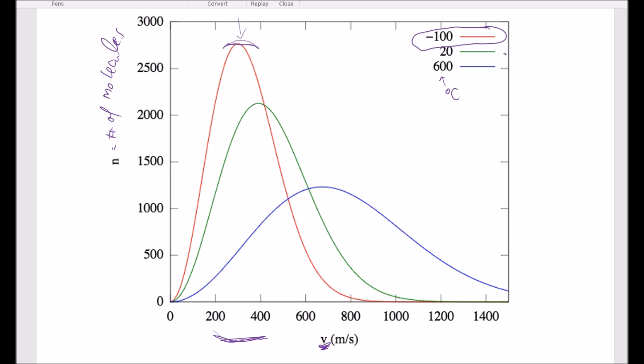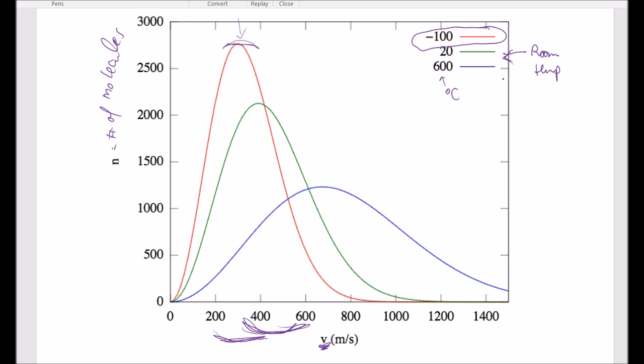As we raise the temperature, this is 20 degrees C, this is room temp, then we see that the average molecular speed is now higher. It's in this range here.